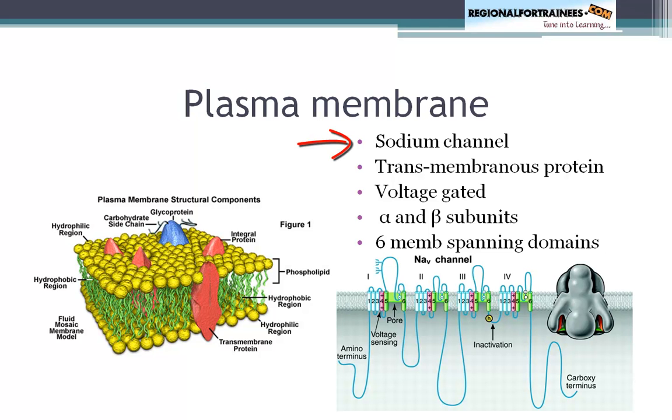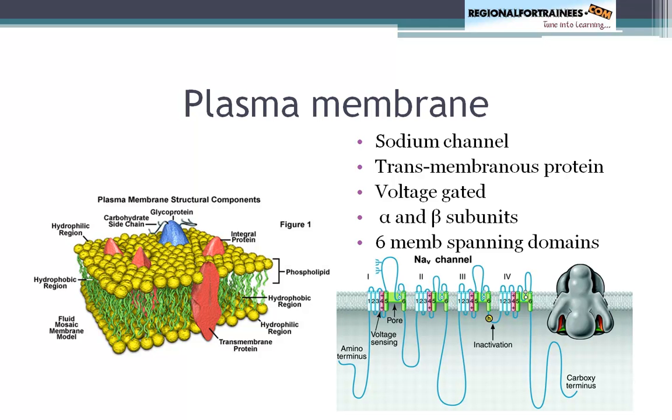It consists of an alpha and a beta subunit, the alpha subunit being the most important. The alpha subunit consists of 4 different domains, 1, 2, 3 and 4, which are basically encircled as shown on the right side of the diagram, and each domain then consists of 6 membrane spanning segments which play different roles.